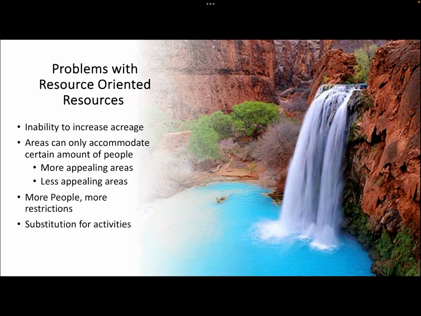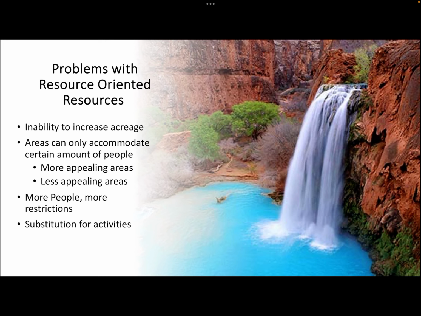However, now it is so restricted that it's like a lottery, and it now becomes everyone's bucket list item. This is my only opportunity to go to Havasu. And so it's still desirable, but now it's locked away for people and they can't have access. And now people are looking for substitutions for the place, or sometimes the activity is a substitution.